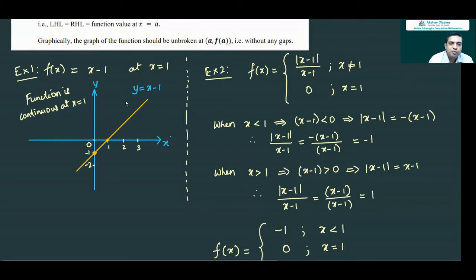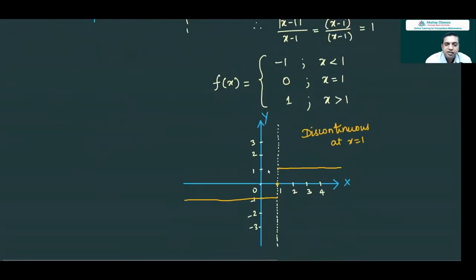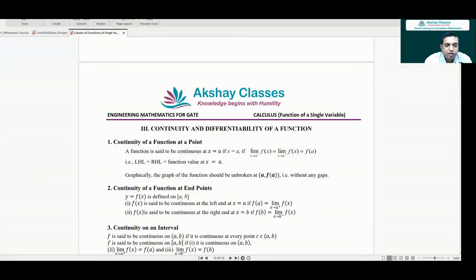Whereas for the previous problem that we saw, when x is tending to 1 from the right, the function value is tending to 0. When x is tending to 1 from the left, the function value is tending to 0, and the function value is equal to 0 when x equal to 1. So at 1, the function is continuous, whereas here the limit does not exist. So that is the basic idea of continuity.